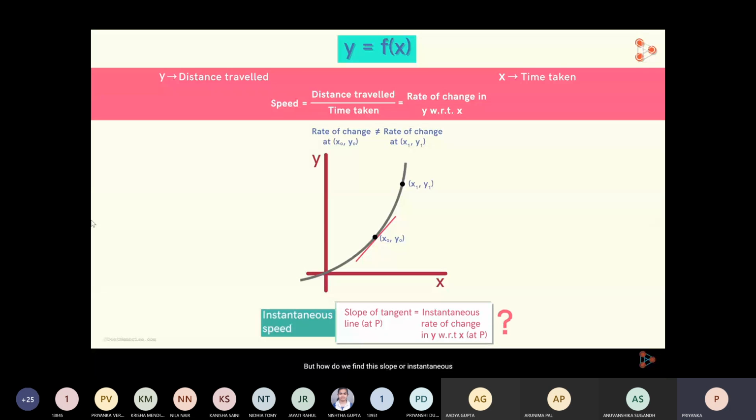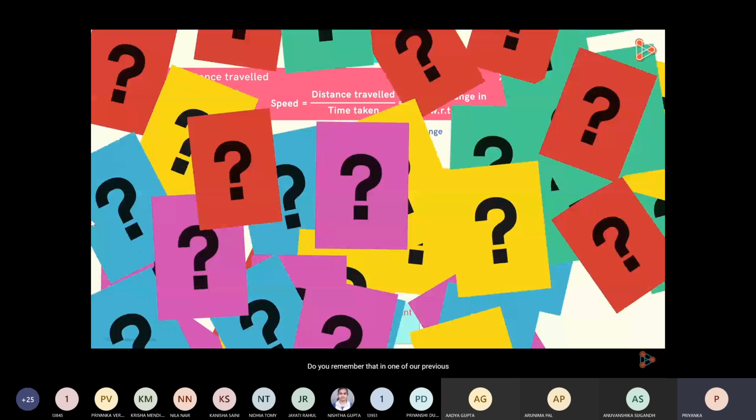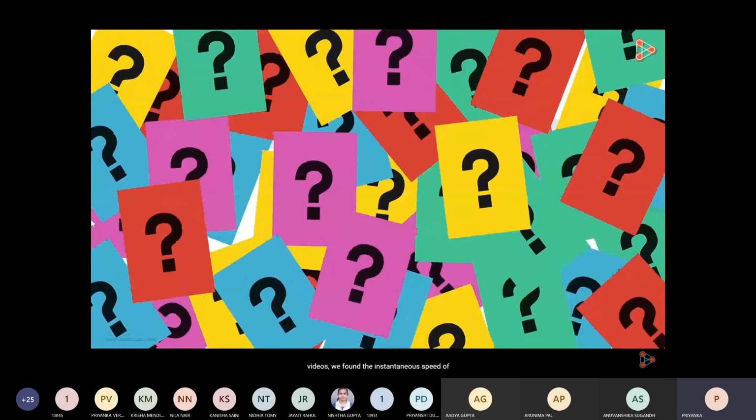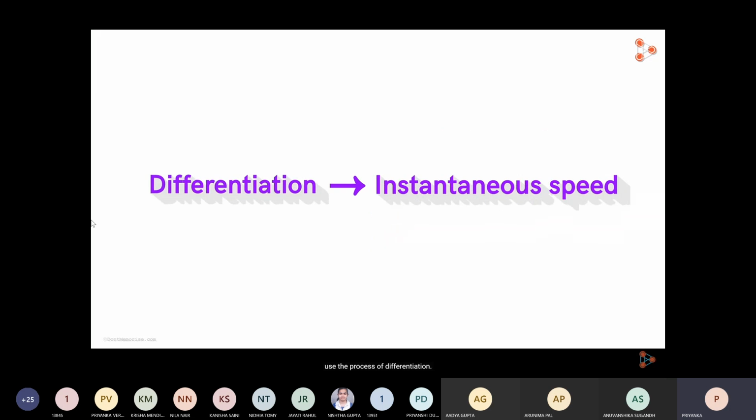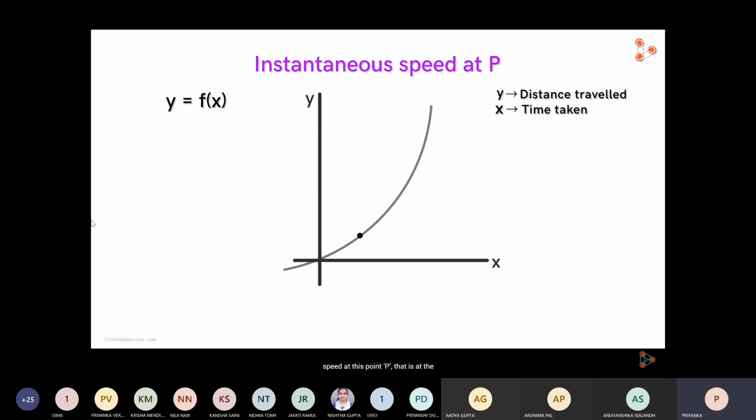But how do we find this slope or instantaneous rate of change? Do you remember that in one of our previous videos, we found the instantaneous speed of an object? To find the instantaneous speed, we have to use the process of differentiation. Let's say we want to find the instantaneous speed at this point P, that is at the time instant x0.